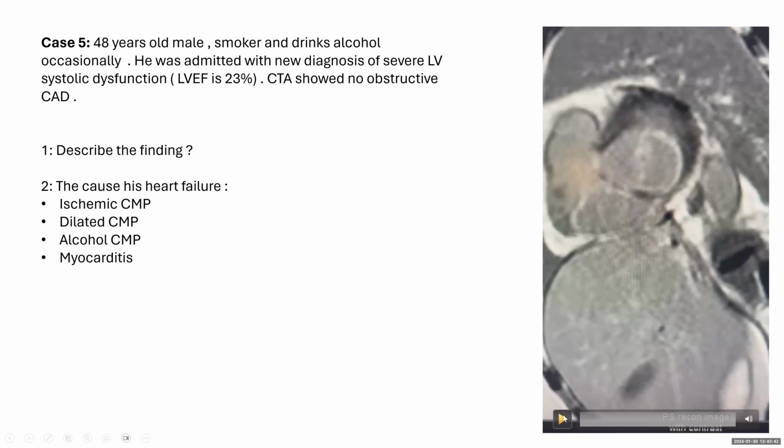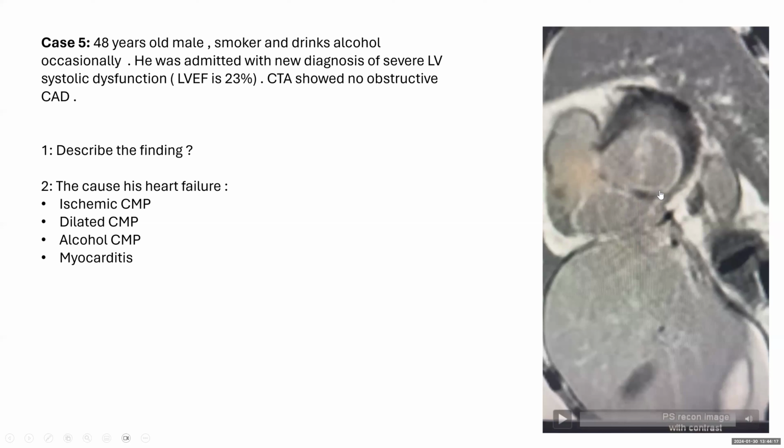So let's look at this short axis, starting, if you're not oriented to the anatomy, at the base, at the junction of the left atrium and the LV, as well as the right atrium and the RV.